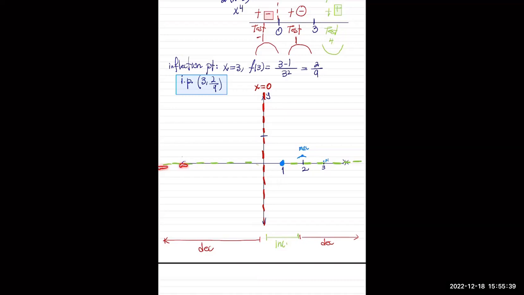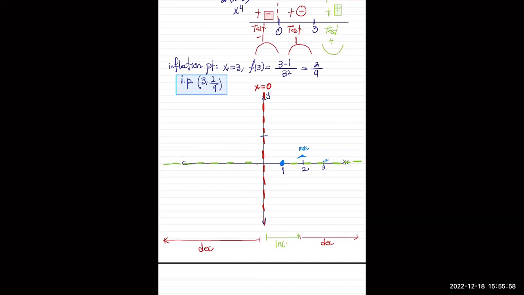Since we have a horizontal asymptote and a vertical asymptote, the graph could only be done like this or like this. It's one of those two.